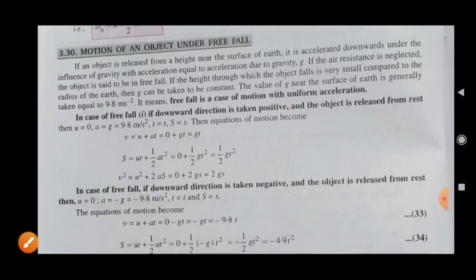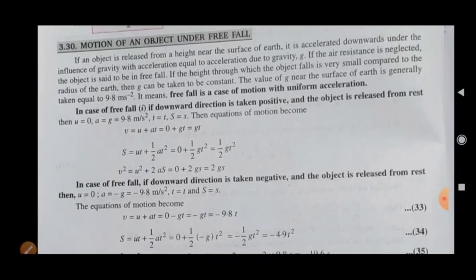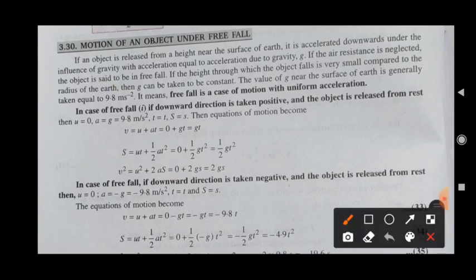Now next one, let's see motion of an object under free fall. If any object is released from a height near the surface of the earth, then it is accelerated downward under the influence of gravity with acceleration equal to acceleration due to gravity. And if air resistance and viscosity, all these things, we have neglected, then the body is said to be in free fall.